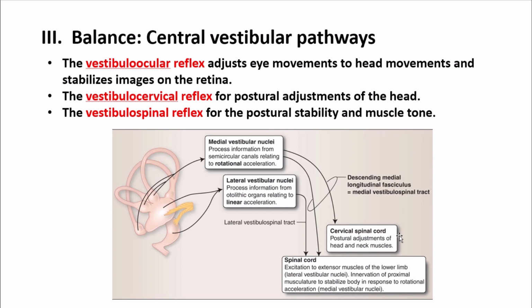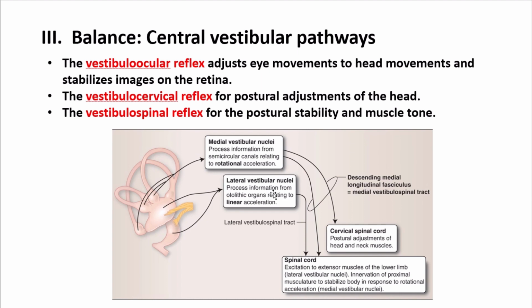The pathway for that is the medial vestibulospinal tract, also the MLF. There is an ascending MLF and also a descending MLF. This is the descending one. If you go back to the brainstem, you can see the MLF in that brainstem section also.